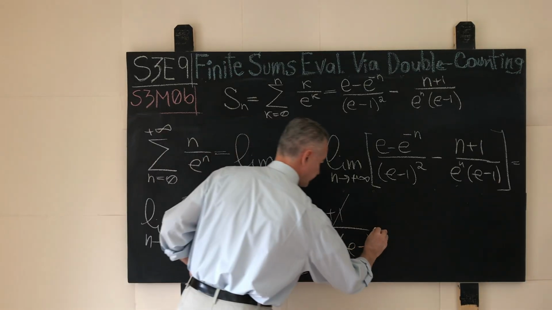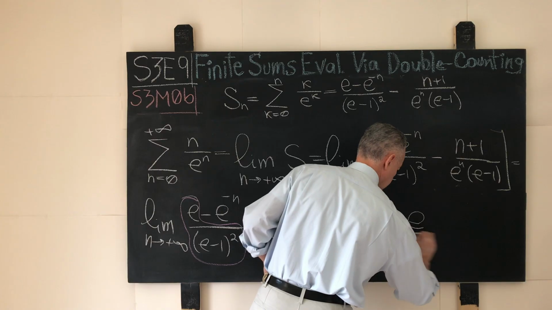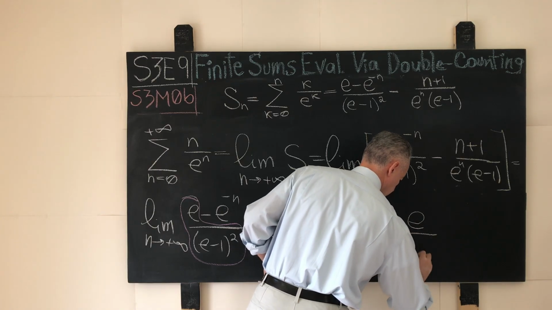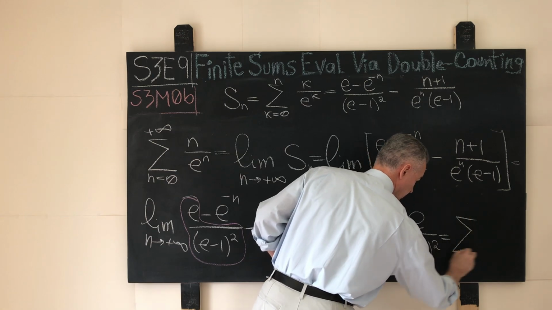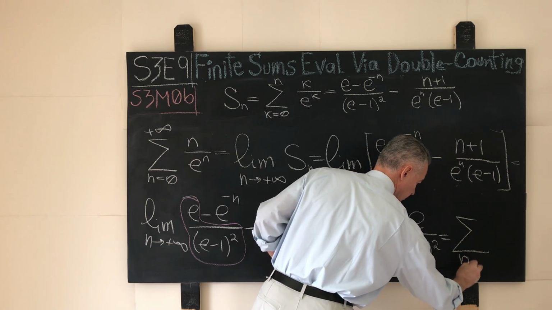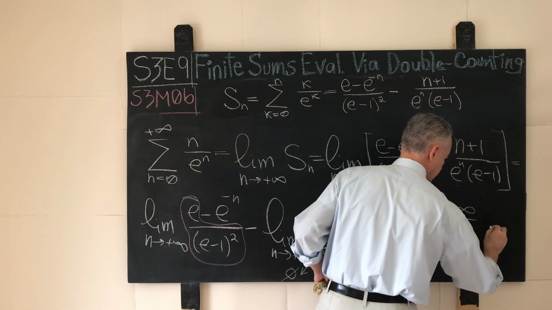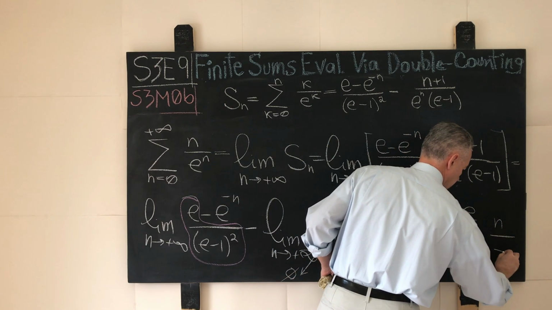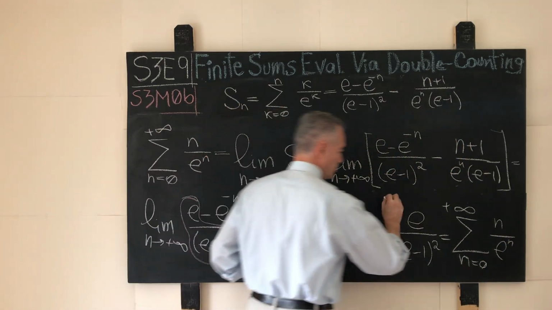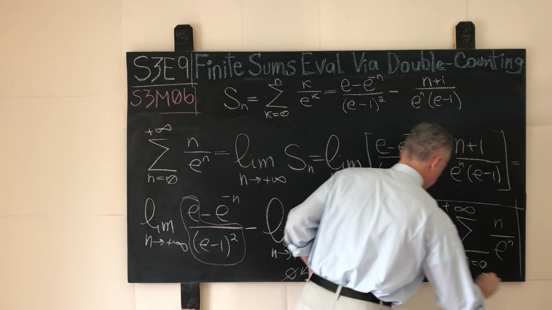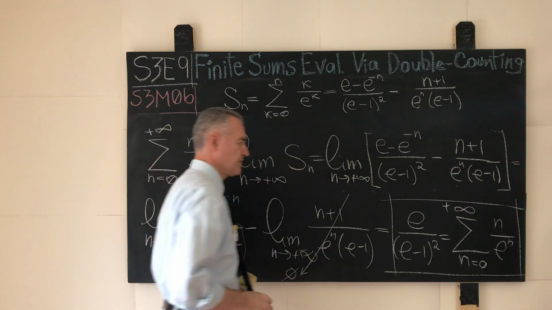So this limit comes out to be equal to e divided by (e minus 1) squared, and this is our infinite sum, an alternative expression, which was what was sought after. This is the result that was sought after.